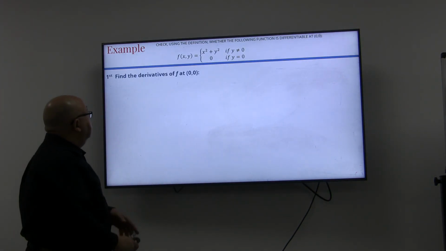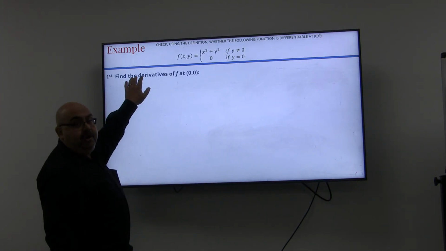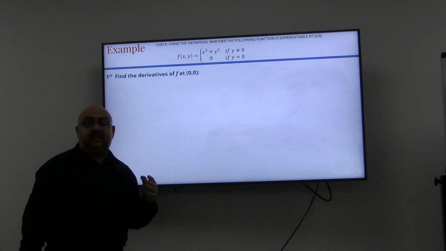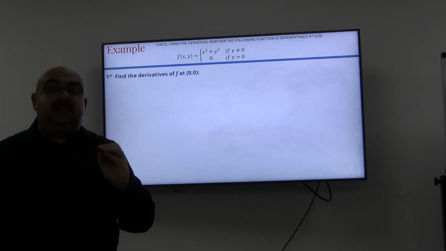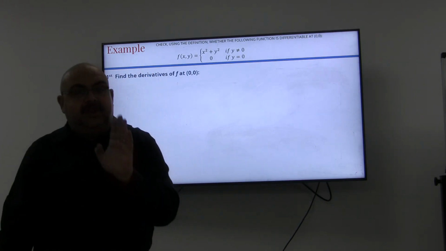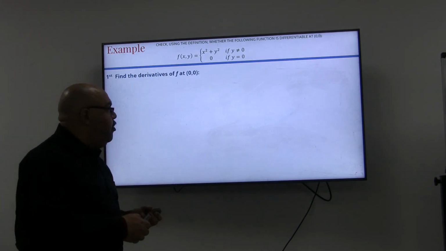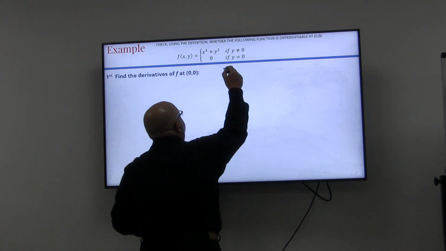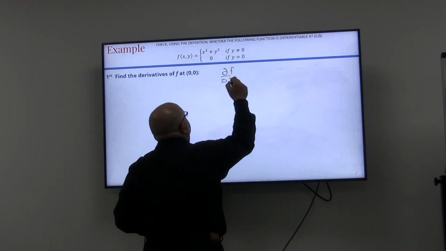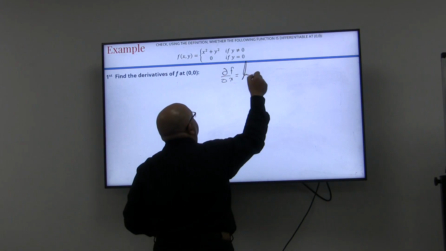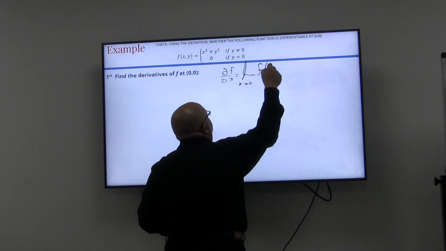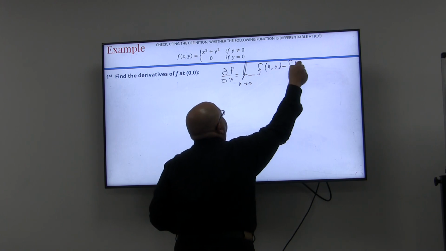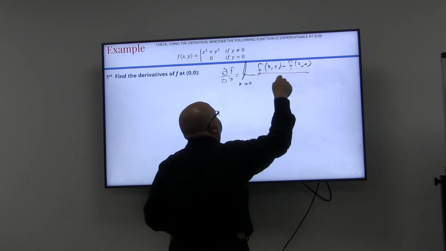Okay, I will start by finding the partial derivatives of this function. Since it is a piecewise function, I will get the partial derivatives using the definition. I can get partial f partial x by discussing the limit as h tends to 0 of f of (h, 0) minus the value of the function at (0, 0), divided by h.